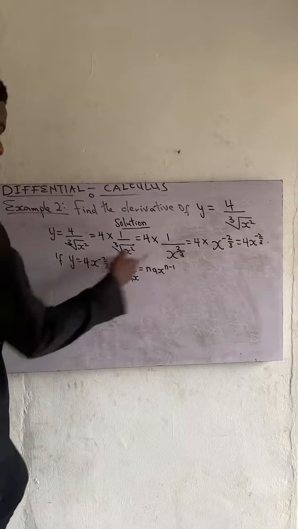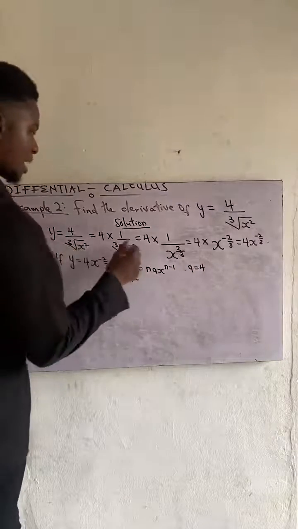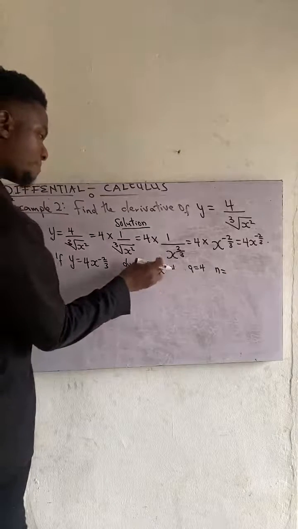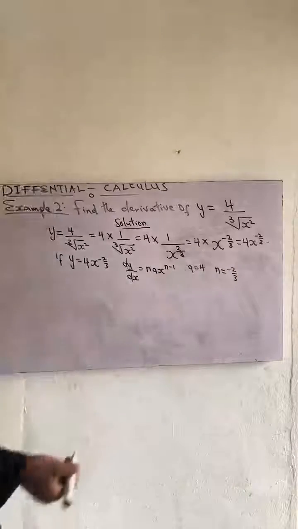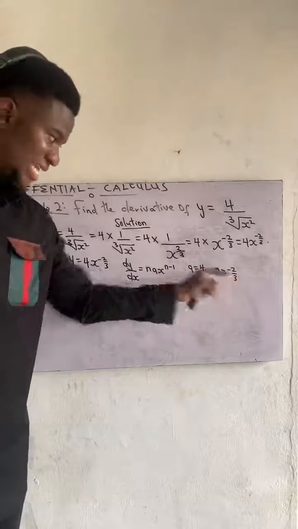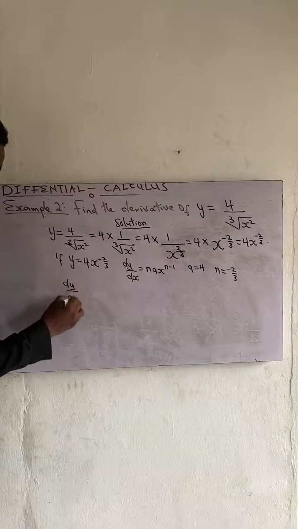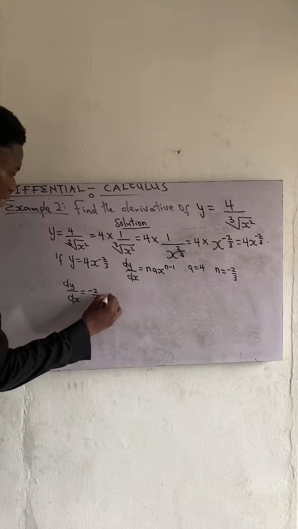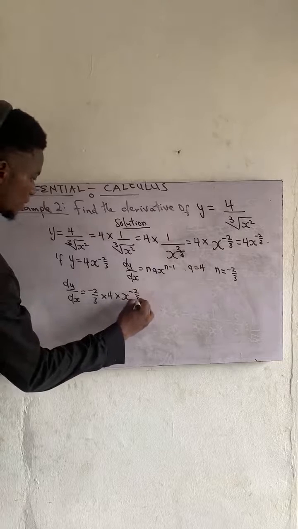You will now see that in this expression our a is equal to 4, that is the coefficient of x. Our n is equal to minus 2 over 3, that is the power of x. If you substitute the values of a and n into this expression, then dy/dx equals minus 2 over 3 times 4 times x raised to power minus 2 over 3 minus 1.